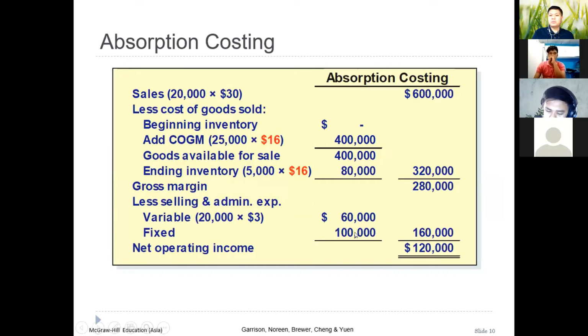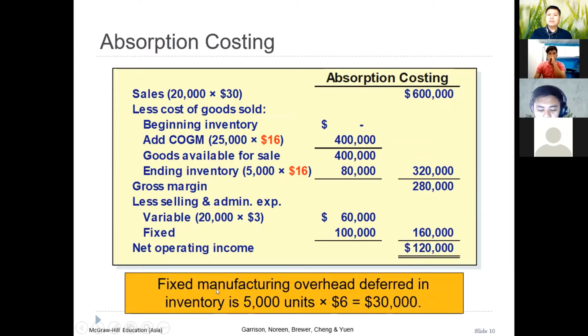So 60,000 plus 100,000, you have 160,000. So 280 minus 160, you get a net operating income of 120,000. This is the one used for external reporting. This is the absorption costing. Now, the fixed manufacturing overhead is deferred.